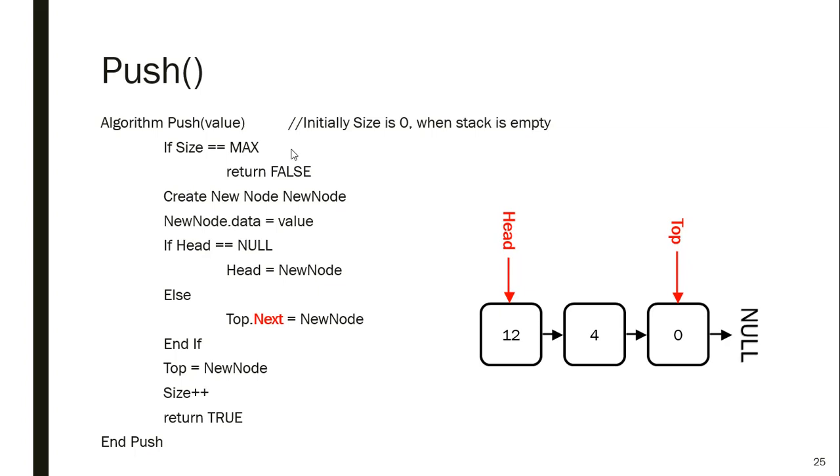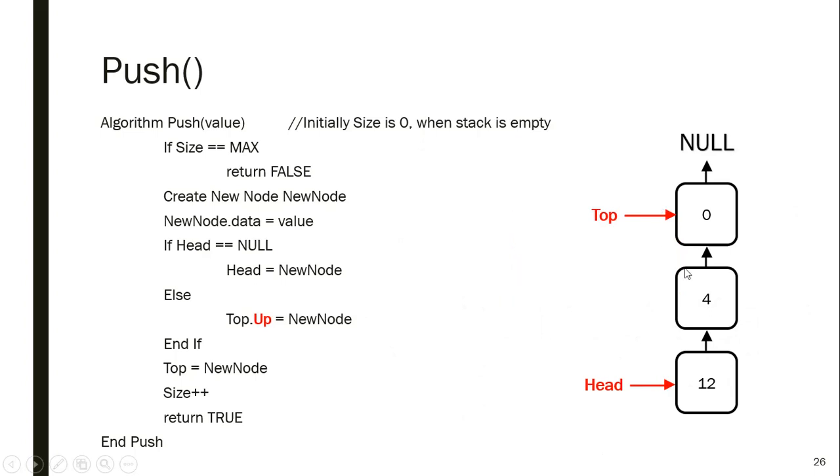Now here, we discussed the linked lists in a horizontal fashion. See, this is head, so to go to the next node we say head dot next or top dot next, whatever the name of the pointer is. But we know that stack is in a vertical position. If we just rotate it in this form, it is the same linked list.